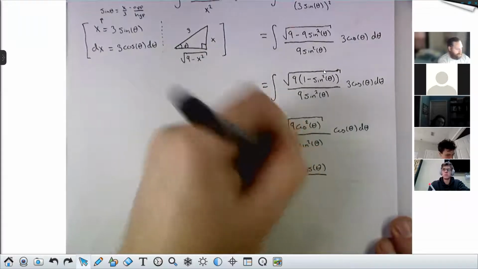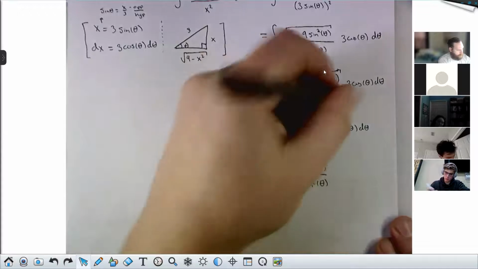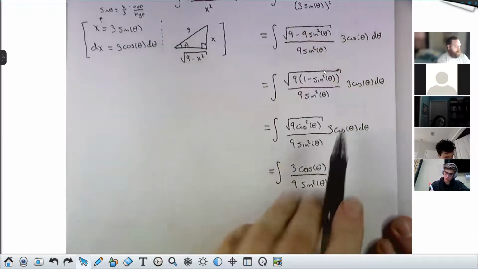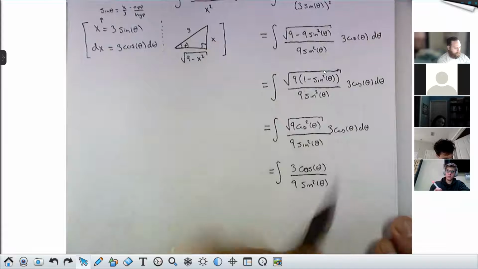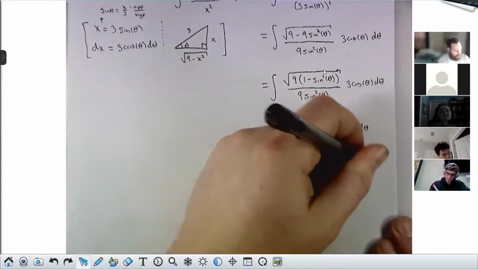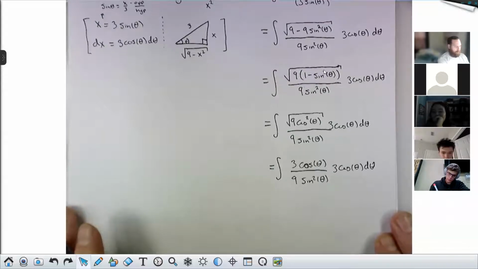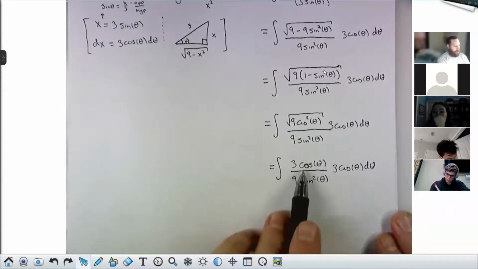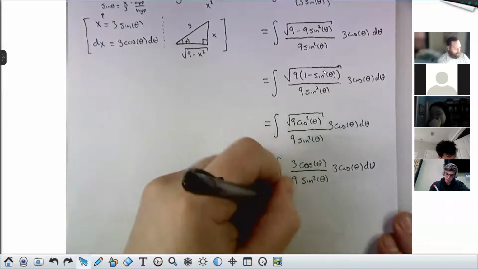Downstairs, I still have 9 sine squared theta. Oh, did I lose a 3 here? Sorry, this should be a 3 cos theta. And off to the side here, still 3 cos theta d theta. And we're almost done. 3 cos theta times 3 cos theta is 9 cos squared theta.